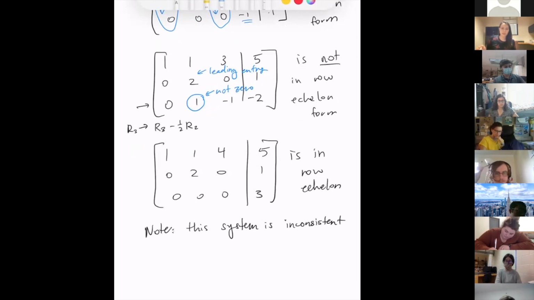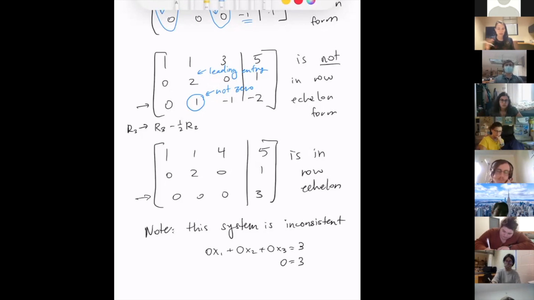The reason being that in the last row, if you were to write out what this means in terms of the linear system, you have 0 times x1 plus 0 times x2 plus 0 times x3 equals 3. So you get 0 equals 3, which is not true, right? This is what you will see when you have an inconsistent system: you'll get something like this in row echelon form.